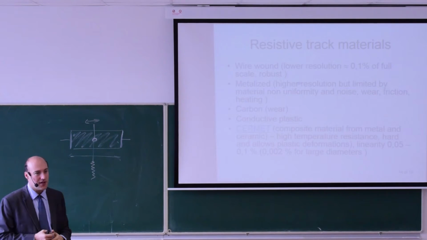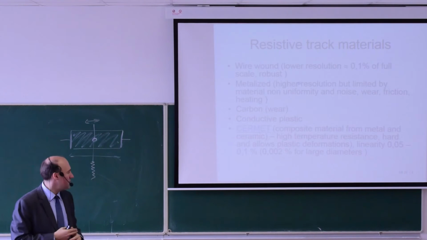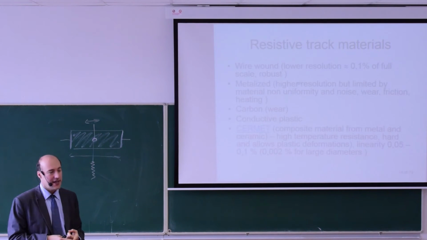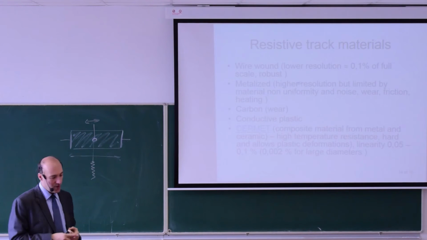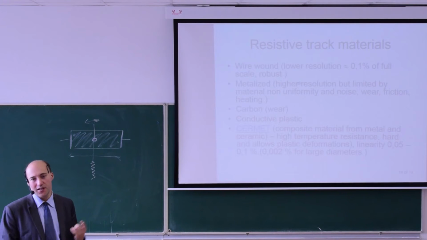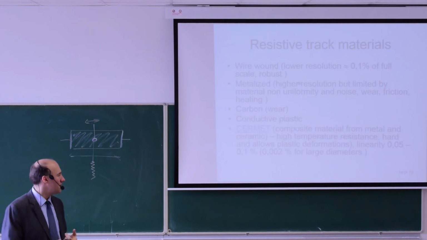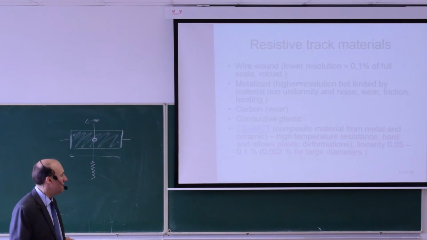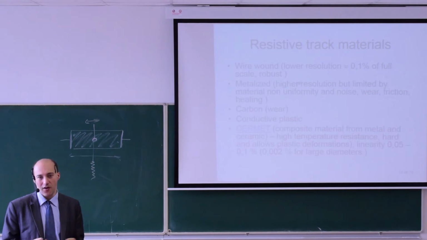That's the case of the angular sensor that I have just showed you. Carbon is very soft, so carbon resistors are not as robust as the other types. So carbon resistors are good if you want to make something really low cost, but it will not last a very long time.